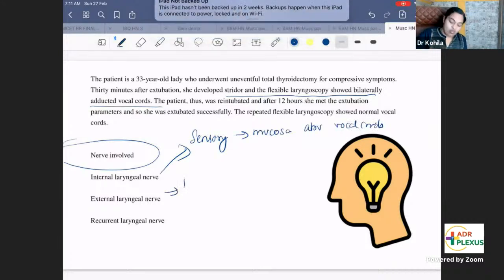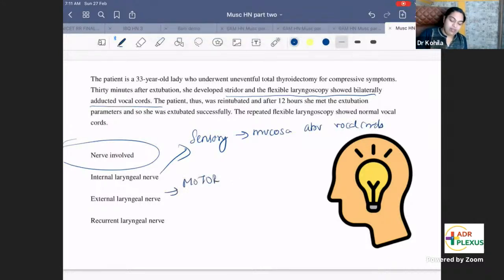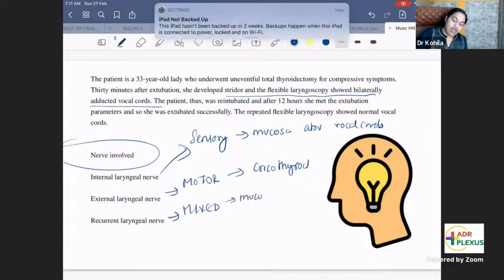External laryngeal nerve is motor. It supplies cricothyroid, which is a tensor. Recurrent laryngeal nerve is mixed. It supplies the mucosa below the level of vocal cords and motor to all the muscles of larynx except cricothyroid.